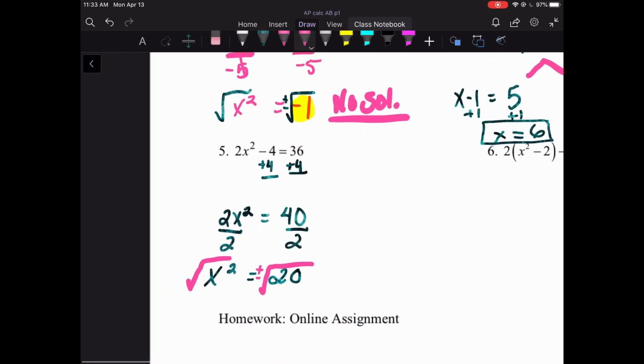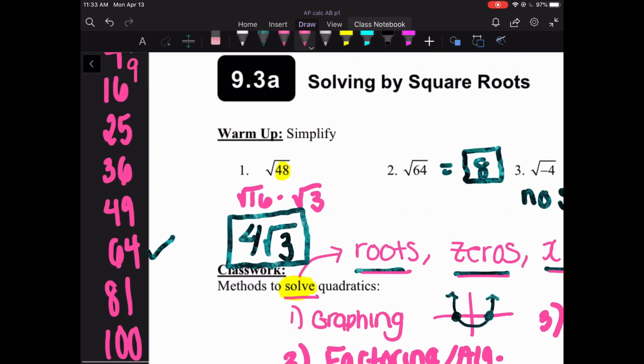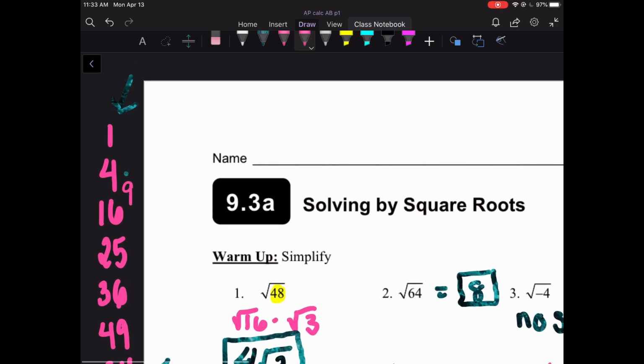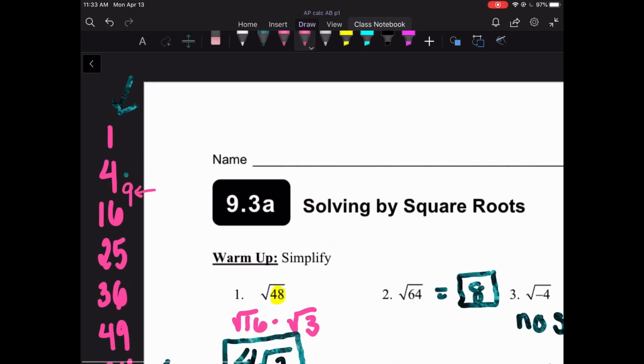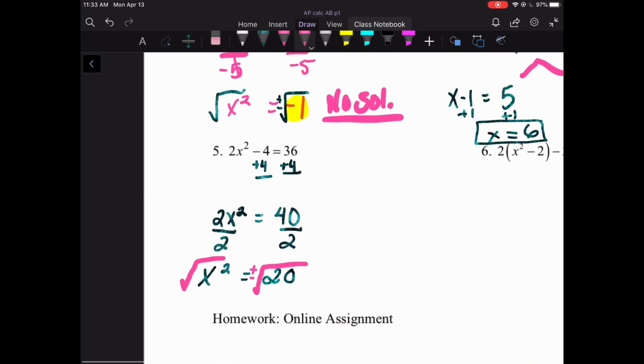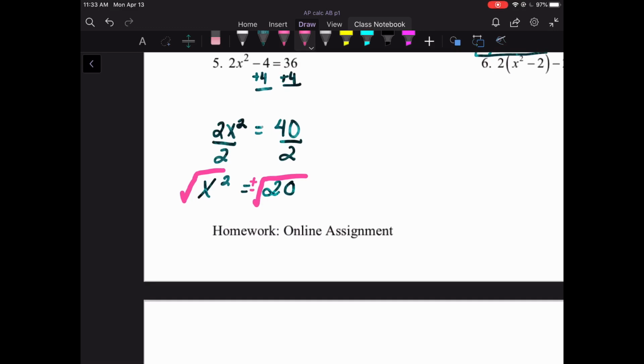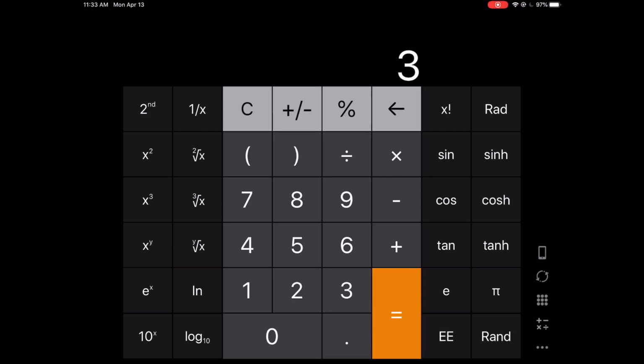Okay, 20 is not a perfect square, so we go to our list. Halfway to 20 is around 9. So we're going to start by dividing by 9. Go to your calculator. 20 divided by 9. Nope, doesn't work. Go to the next number on the list. 20 divided by 4 works perfectly.